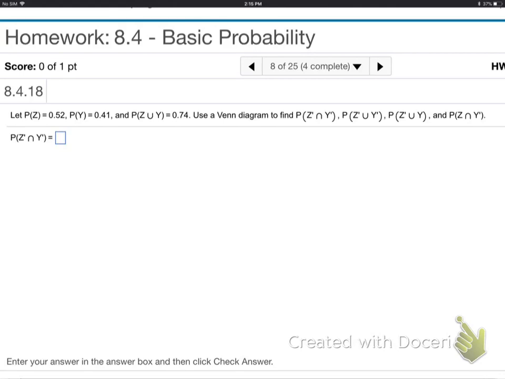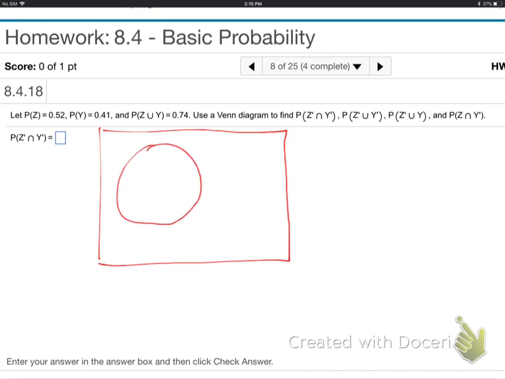So, all right, let's try this one. This one's harder. Let me do this one with you. This one has an extra wrinkle. Let me show you. So start the same. We've got Z, we've got Y. That's all the same. But notice what they don't give us.